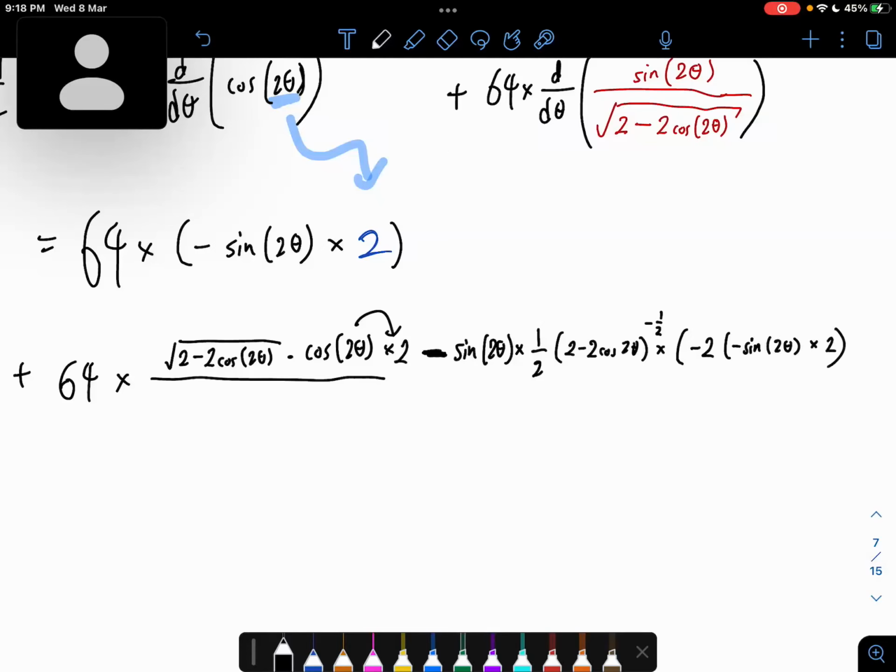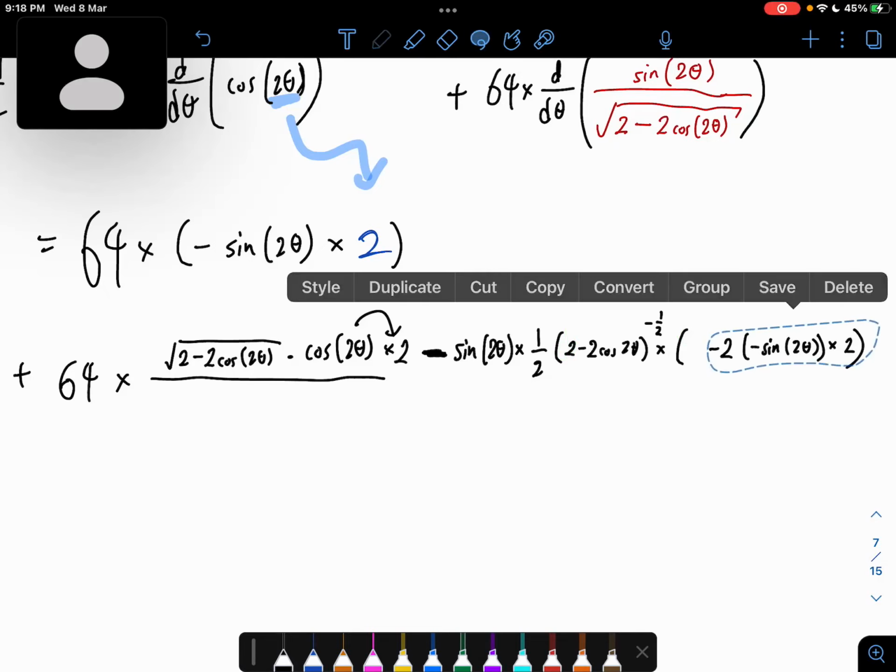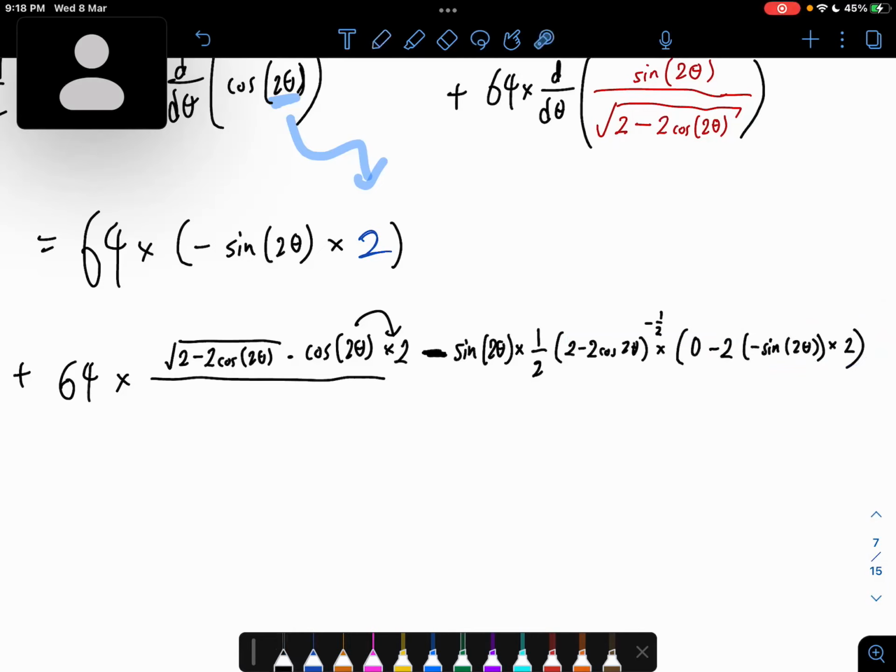Correct. Like this. Make sense? The 2 here, you differentiate, you get a 0. Let me just be super precise and put a 0 there. Of course, 0, you don't need to write it. Differentiate this first term, you get a 0. Negative 2, you factor out.